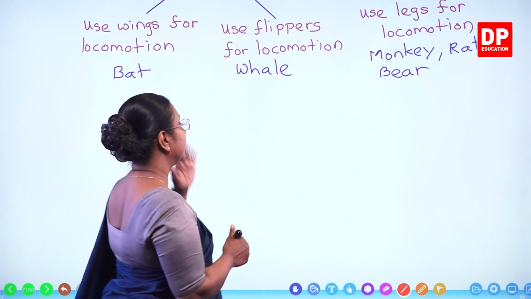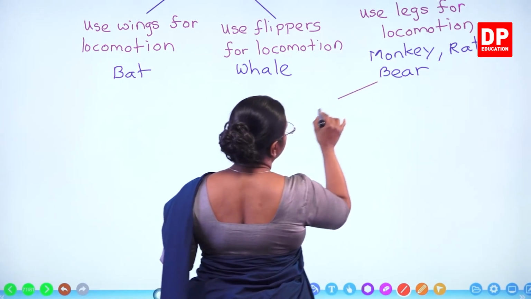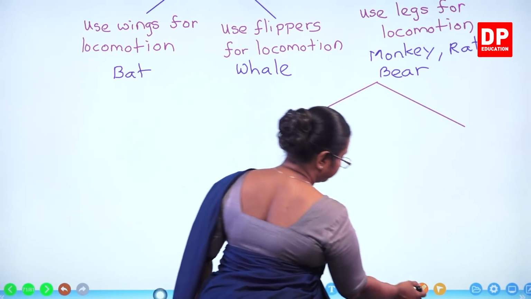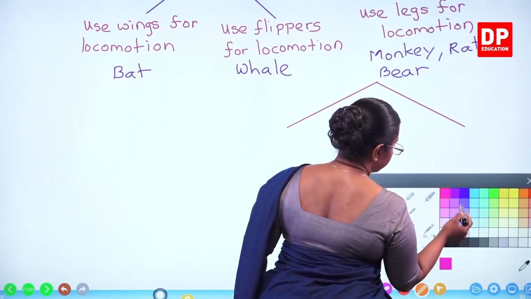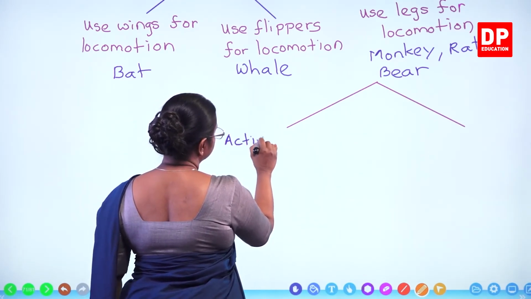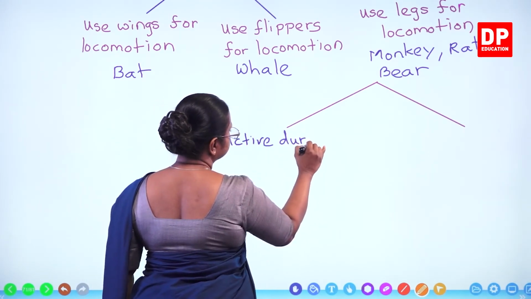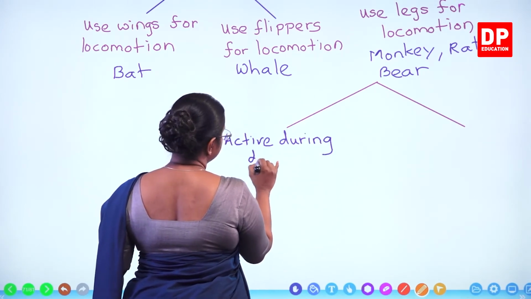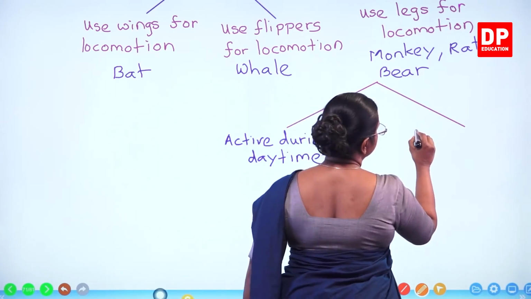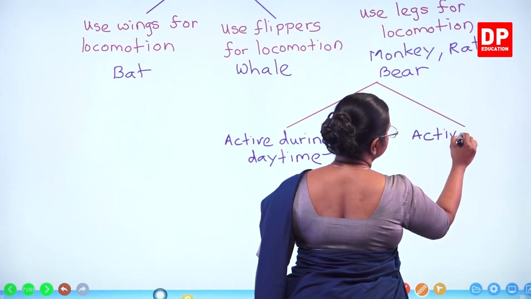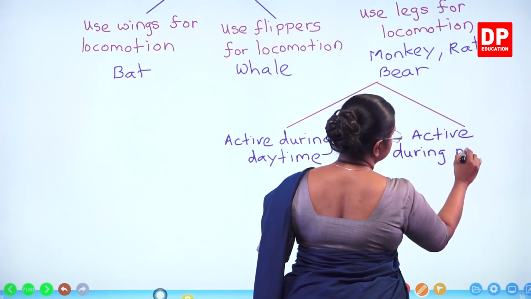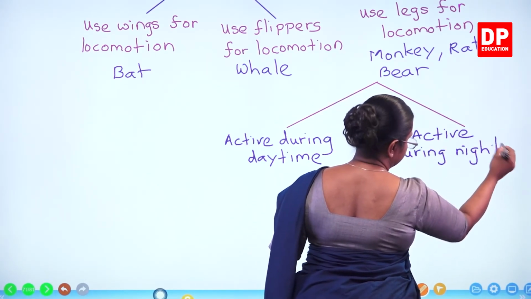So if we take that character, we can divide it into two groups. So we can say active during daytime, and here active during night time or night.